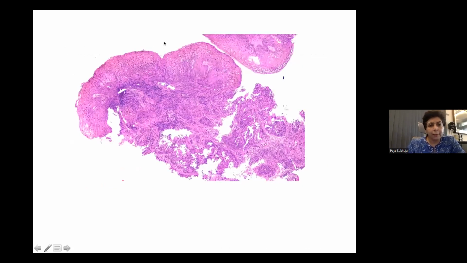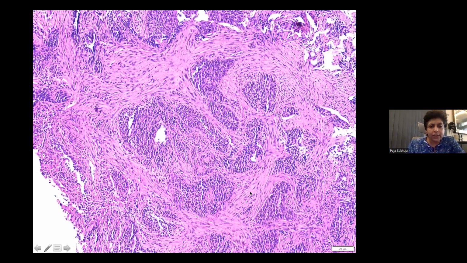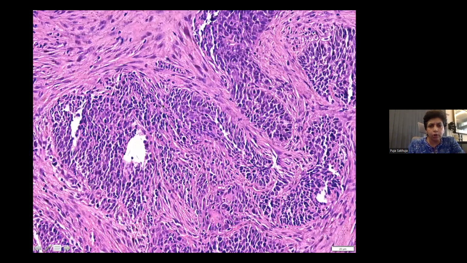So this is an example wherein we see these basal cells, normal ones, and here these cells that are infiltrating, and I'll show you a high power view, all have the same morphology of a basal cell, of the basal cells of the normal epithelium. This is invasive. You can see the desmoplastic stroma, higher power view. These are all small cuboidal columnar cells with very high NC ratio, less cytoplasm.